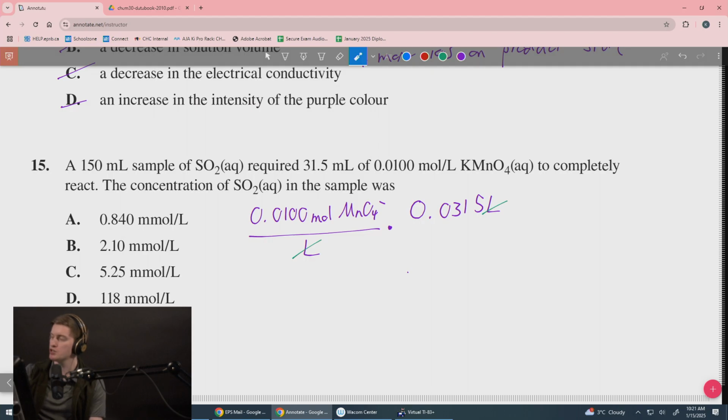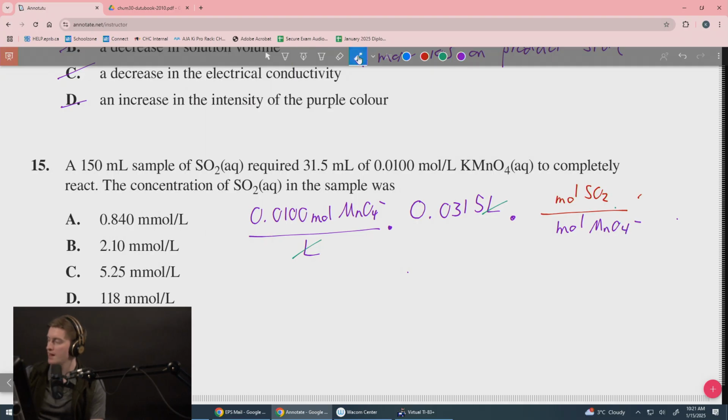I want to change moles of permanganate into moles of sulfur dioxide because what I'm looking for is the concentration of sulfur dioxide. I'm going to do that by multiplying by what I want on the top, which is moles of sulfur dioxide, and what I already have on the bottom, which is moles of permanganate.